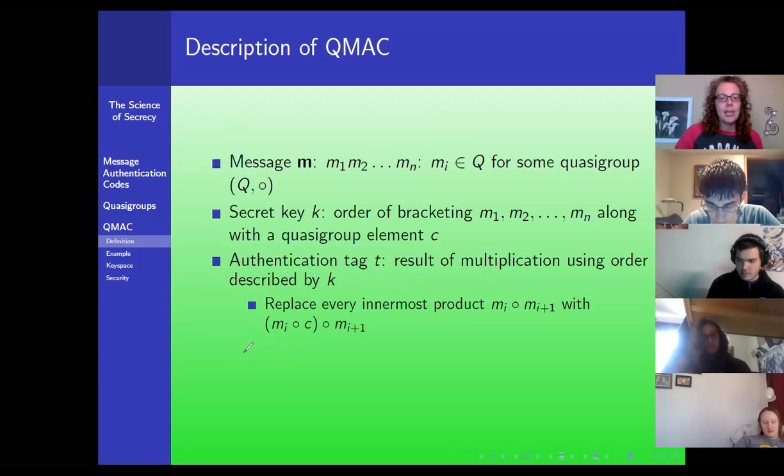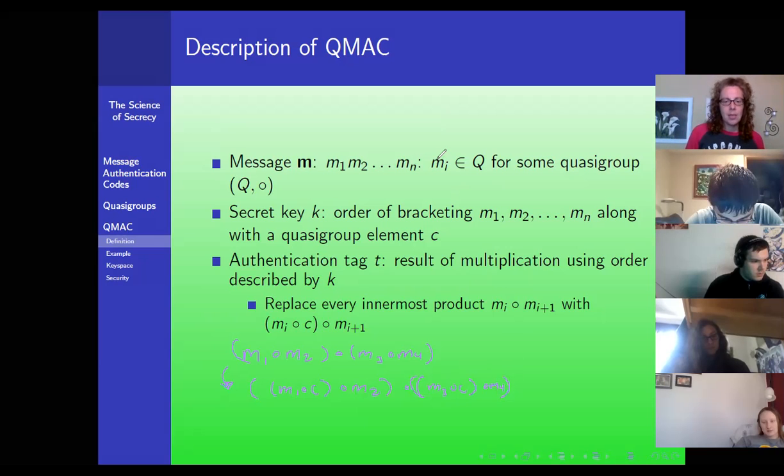So if my key was M1 circle M2, circle M3, circle M4, instead what I'm going to do is M1 circle C, circle M2, and then M3 circle C, circle M4. So it adds an extra layer of what looks like ridiculousness at this point in time, but we'll talk about why that's actually important when we talk about the security in a little bit, okay?